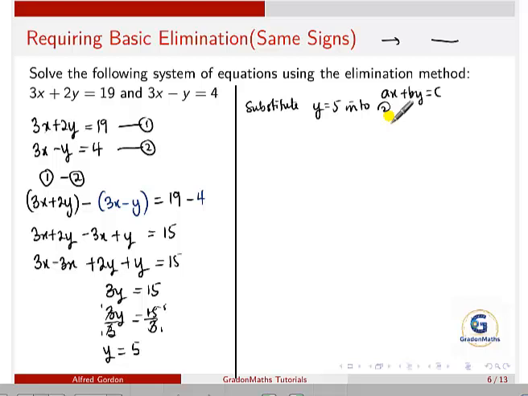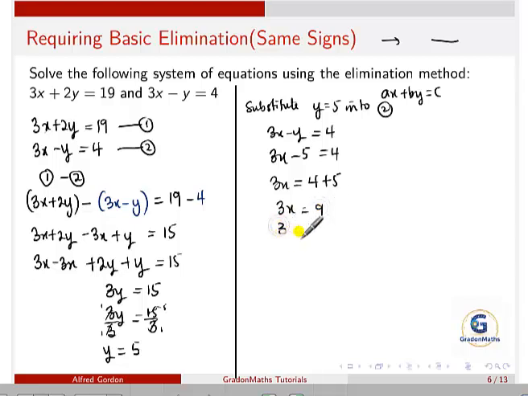By choice, let's do equation 2. Equation 2 is 3x minus y is equal to 4, and we know y is 5. So we have 3x minus 5 is equal to 4. So 3x is equal to 4 plus 5. Here I'm crossing the equal sign. So 3x is equal to 9.